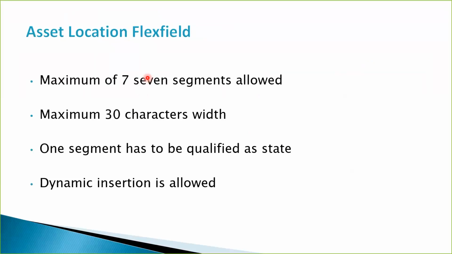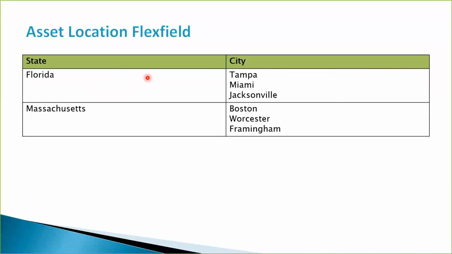The difference between this and the asset categories Flexfield is that dynamic insertion is allowed, right? So you don't have to define valid combinations for your locations. For example, if you have a state and the city, as shown in this slide.